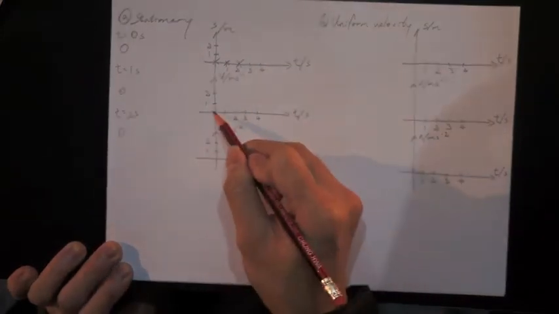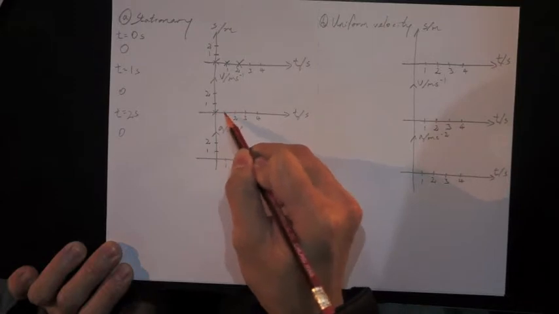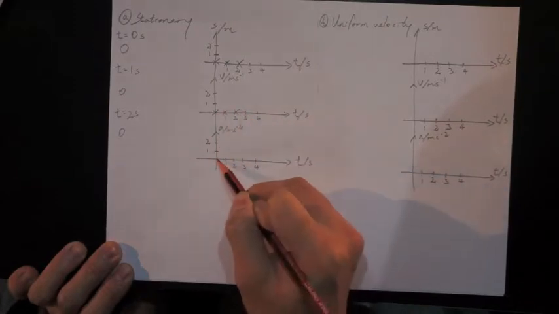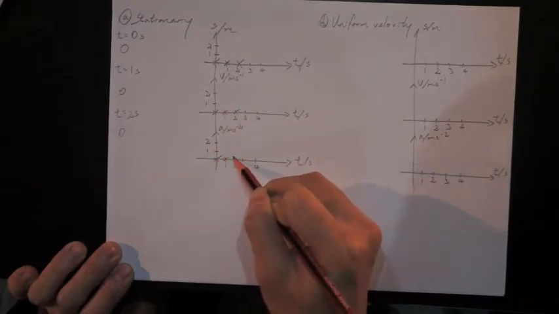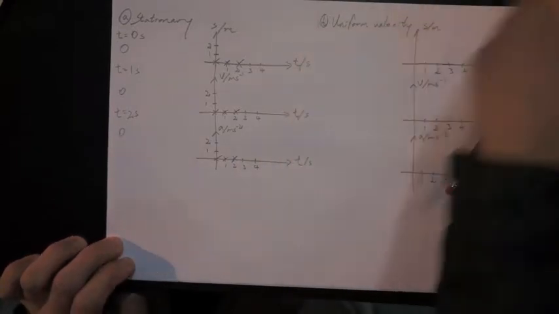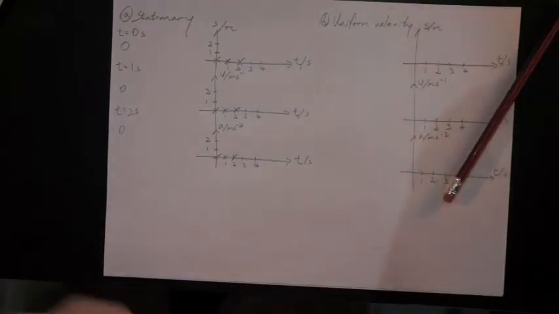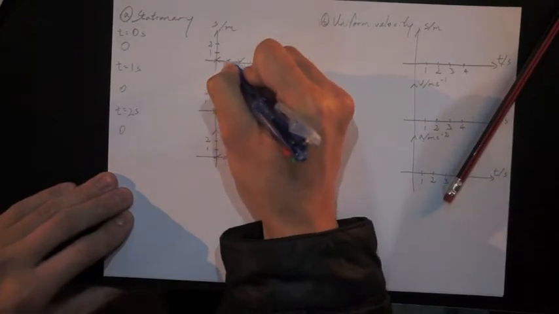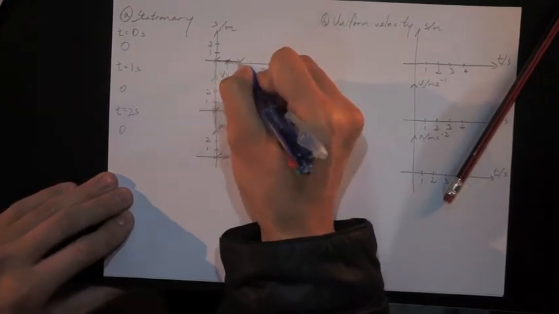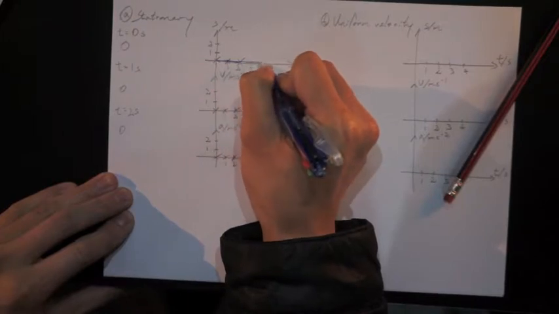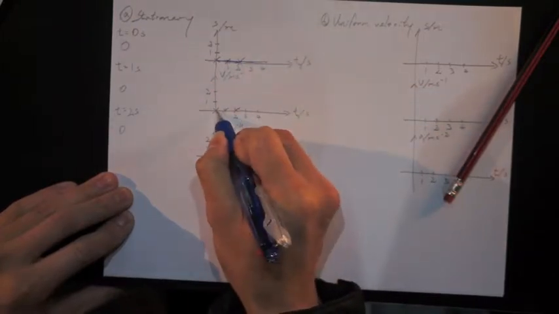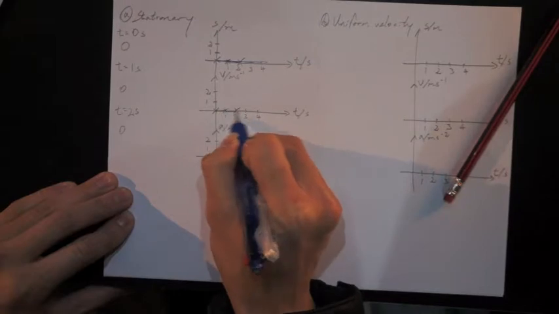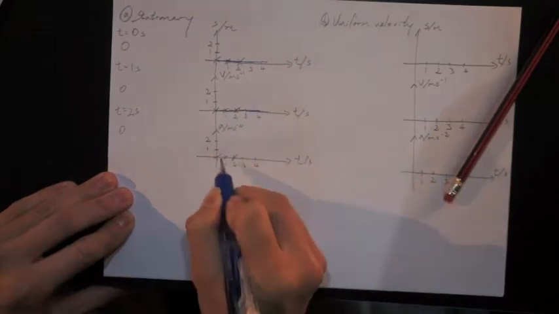Therefore, its velocity is equal to 0, and it is a similar case for acceleration. Therefore, for an object that is stationary, the VT graph and AT graph are also like this.